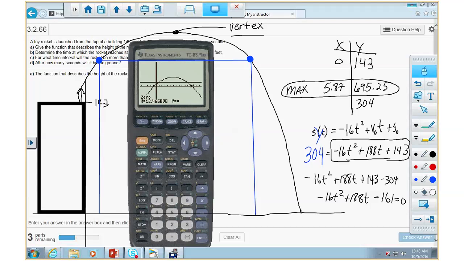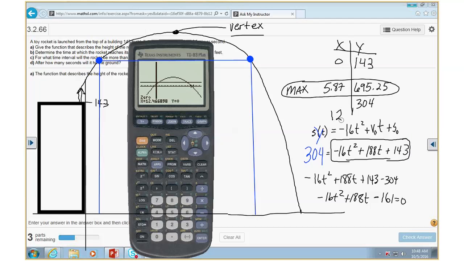And there is 12.5, comma, 0. That's how many seconds. So when does it hit the ground? It hits the ground at 12 point what? 12.5 seconds.